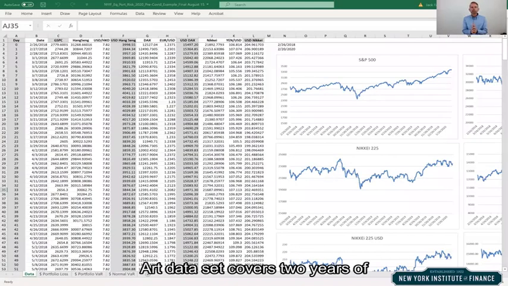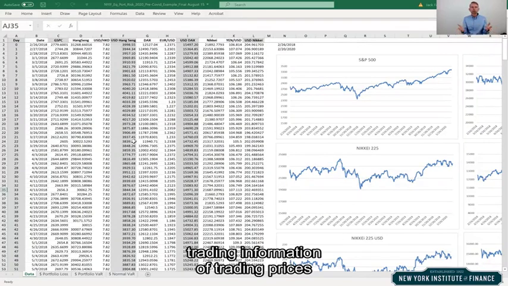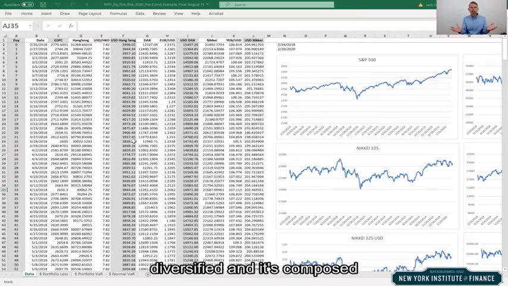Our data set covers 2 years of trading prices, and it's a data set on 4 equity indexes. So we have a portfolio that is globally diversified, composed of equity indexes from the US, Japan, China, and the EU.